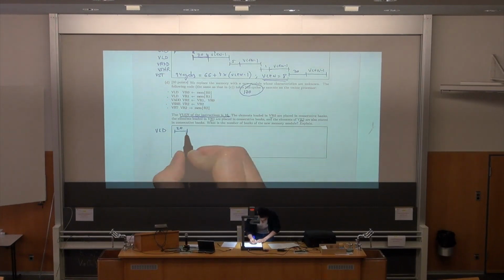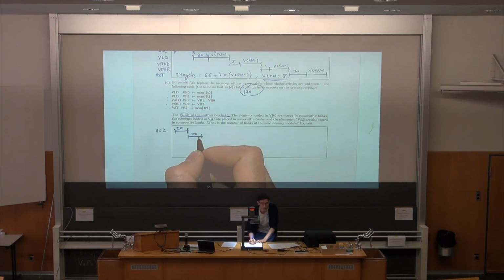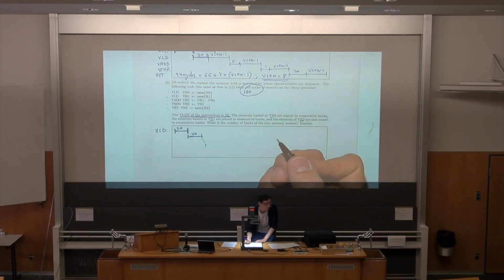So this means that after the first access for the first element, we will have another access, another 20 cycles to the same bank, to bank 0. And this might happen several times, depending on the number of banks that we have.